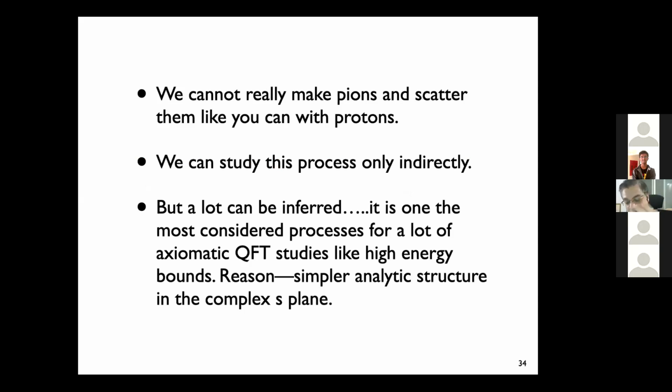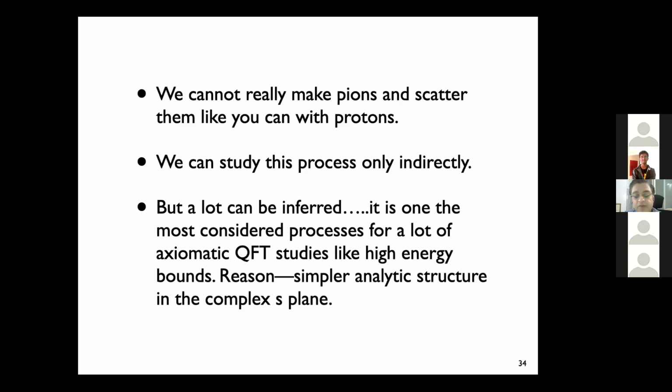They have a small lifetime, although they are very close to the real axis. Still, in terms of seconds, the lifetime is really tiny. But nonetheless, you can still study this process indirectly and extract experimental quantities like scattering lengths. You can also extract the spectrum of resonances and so on.